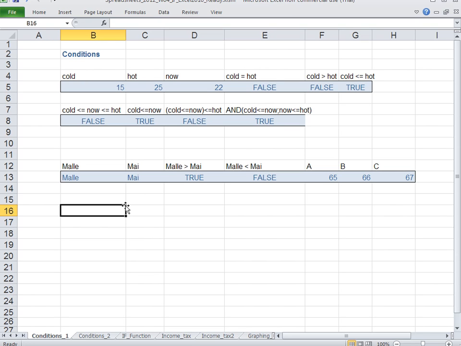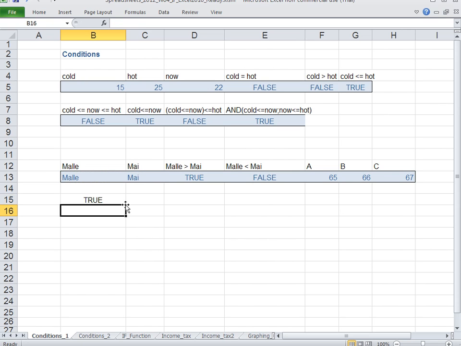What we mean by that, we write, for instance, let's see which word comes before in a dictionary. M's are the same, A's are the same, I comes before L, Mai, Malle. I comes before L. So if we write equals, Mai is smaller than Malle, it's going to be true.